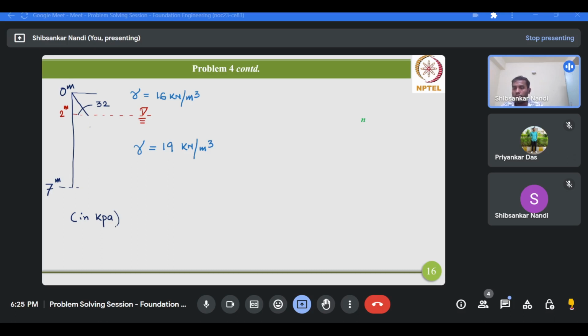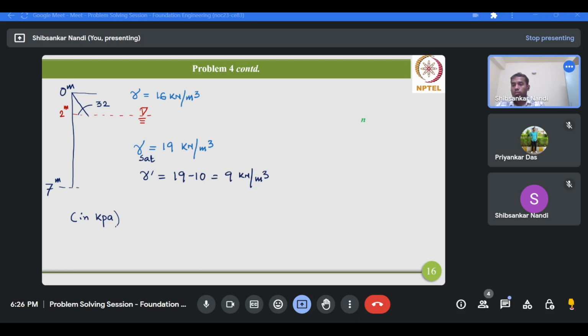Or you can directly calculate it as the product of submerged unit weight times the concerning depth. So gamma sat is 19, so obviously gamma submerged will be 19 minus 10, 9 kilonewton per meter cube.